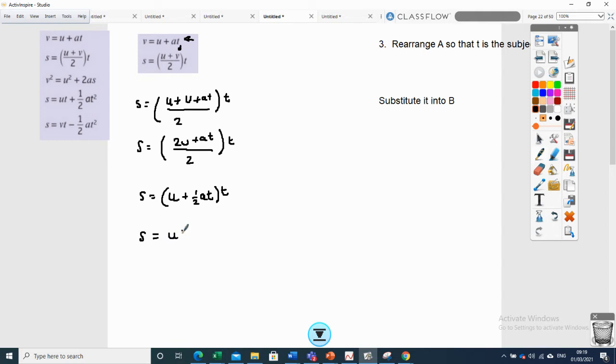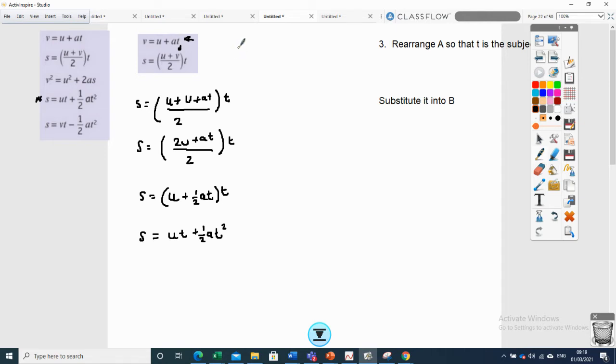So ut plus half at squared. And we've got this one here. Simply the first, easiest one to do: substitute this one straight in for v here.